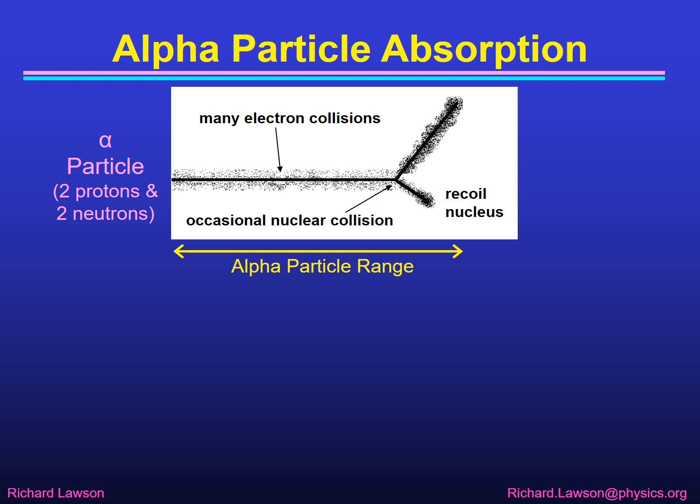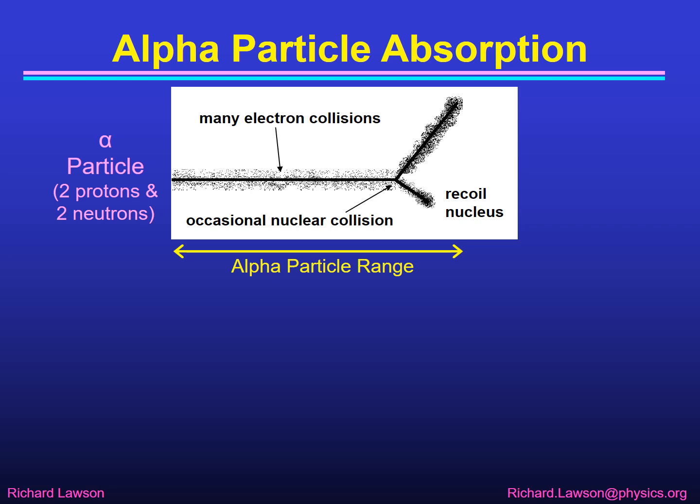Now, if you think back to the model that I showed in the first part of this talk, demonstrating the atom in terms of a balloon with a speck of dust at the centre, you will remember that the atom is mostly empty space. So on that scale, the alpha particle will be like a speck of dust passing through a room of air filled with little specks of dust representing the atomic nuclei.